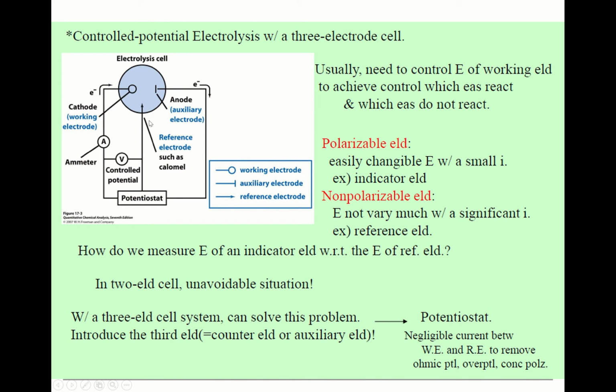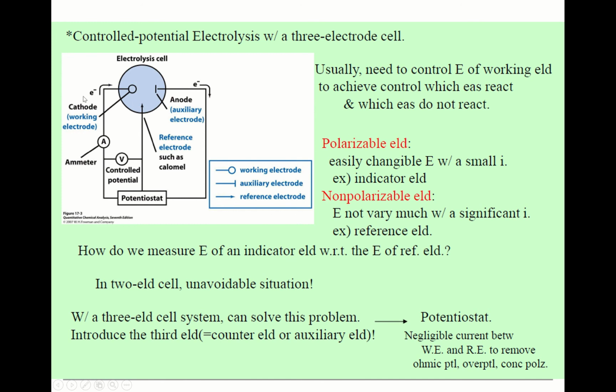This is controlled by an instrument called a potentiostat. Let me say again, the potential is this one, the cathode, in this case the working electrode. This is important: the working electrode is the electrode of your interest. You are interested in one electrochemical reaction, and that reaction takes place at a certain electrode called the working electrode.